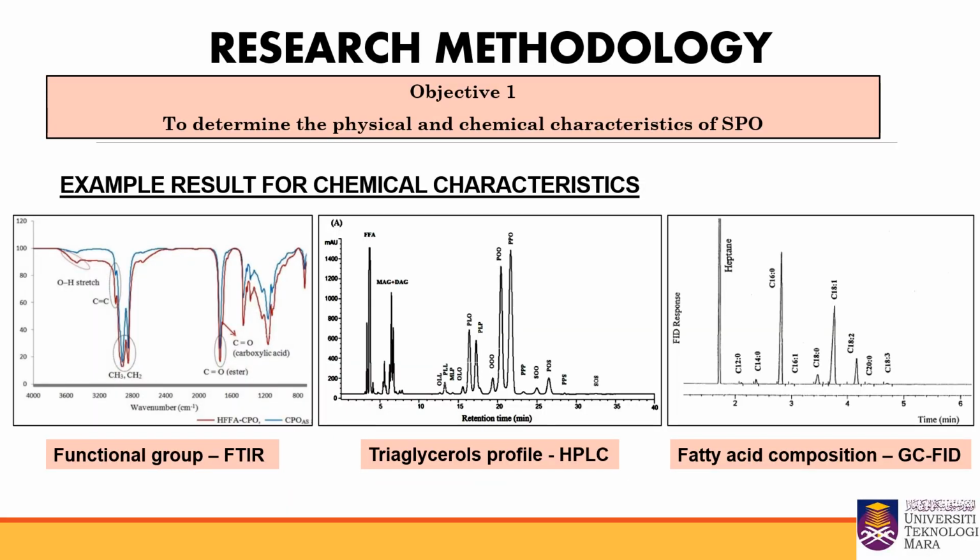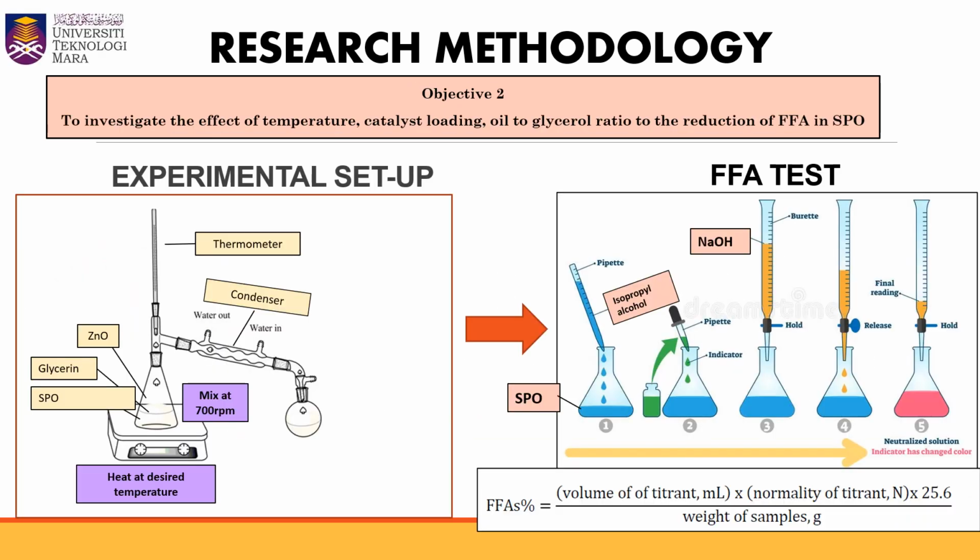So for the research methodology for objective one, these are the example results. This is the experimental setup. We use a heat plate to heat up the reaction, a condenser to remove the moisture, and a thermometer to monitor the temperature.